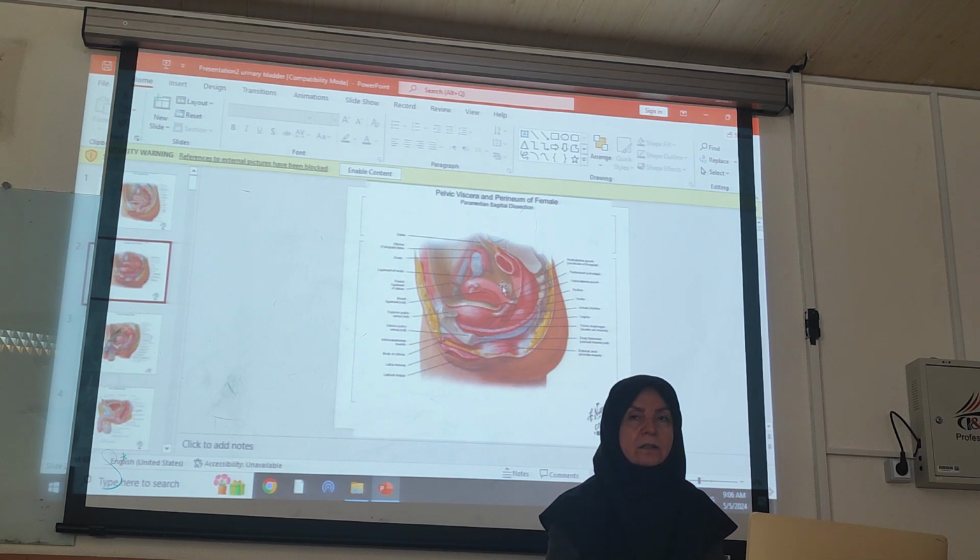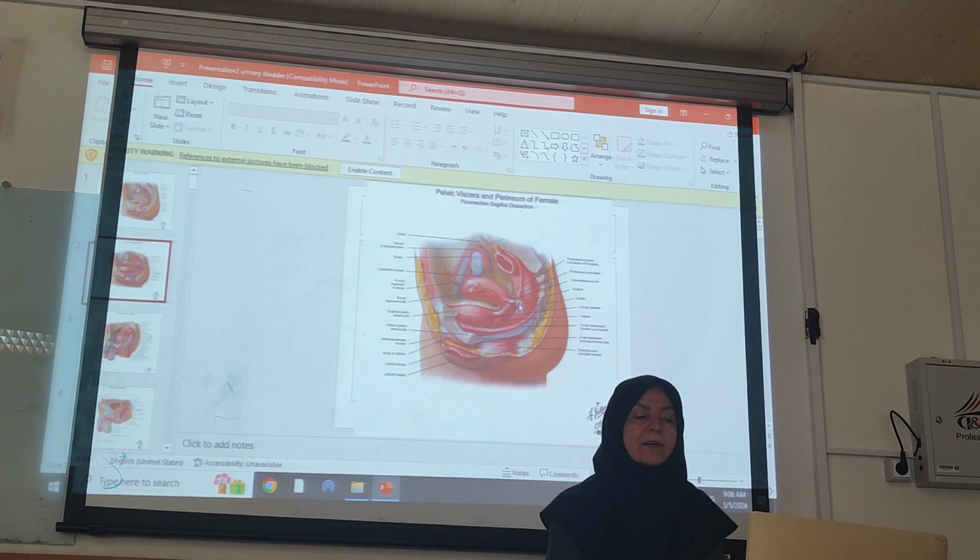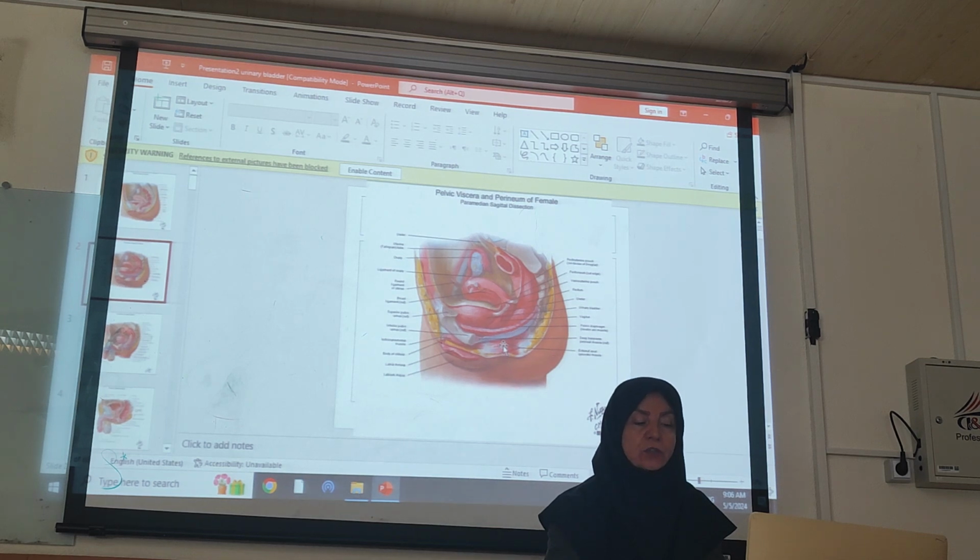No, because it's under the pelvic diaphragm, and after that it becomes the anal canal. Yes, here is the rectum. Immediately when the rectum passes through the pelvic diaphragm, the name changes to anal canal. So the anal canal is going to be found inferior to the pelvic diaphragm.